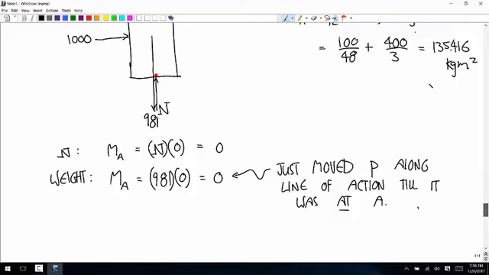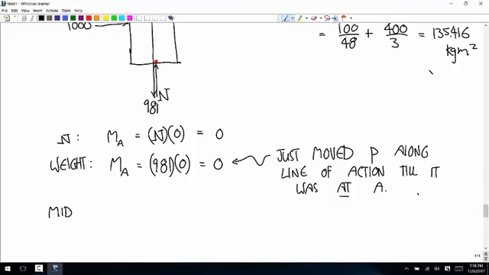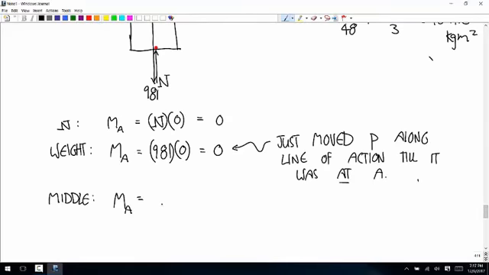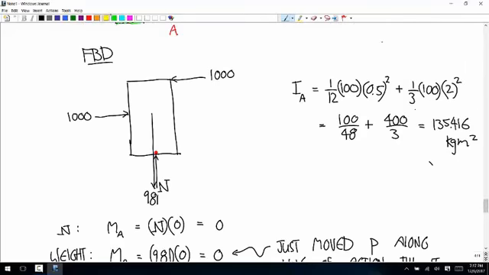Okay, and now the middle force, the force applied to the middle. We have a force of 1,000. But notice that if P was here, and this is A, the line between P and A isn't perpendicular to the 1,000. Okay, so we're going to have to move this force along its line of action. This is its line of action.